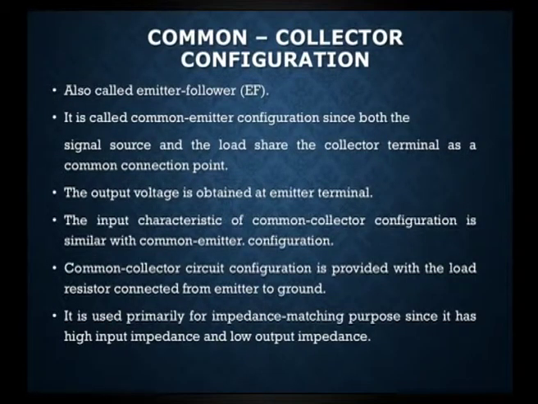It is used primarily for impedance matching. Why do we use it for impedance matching? Because it has high input impedance and low output impedance, we can use this circuit for impedance matching.